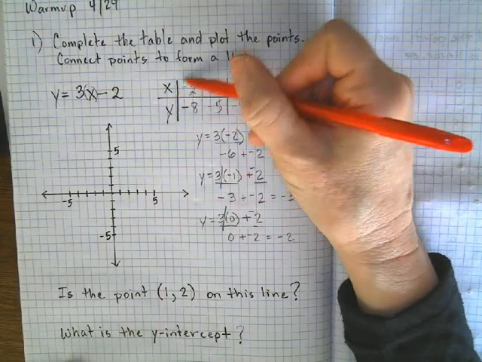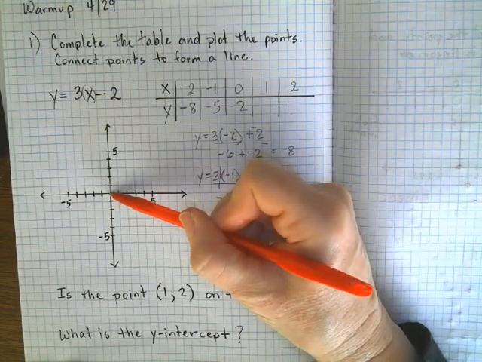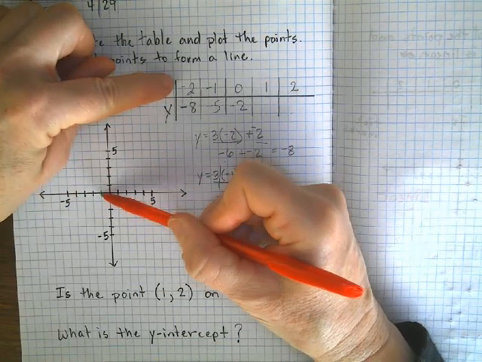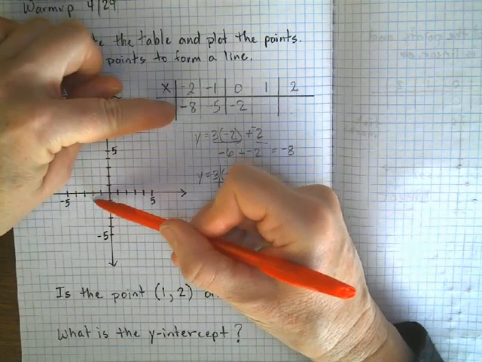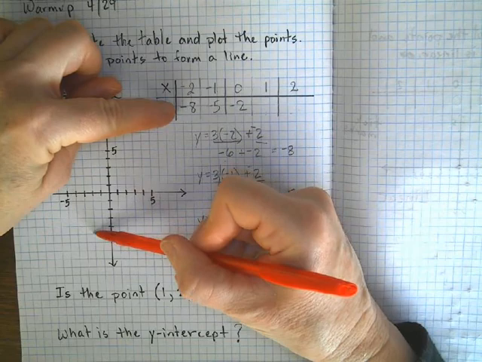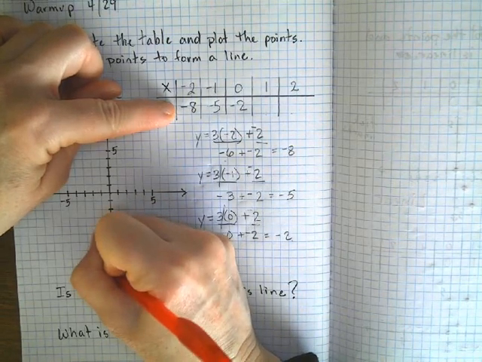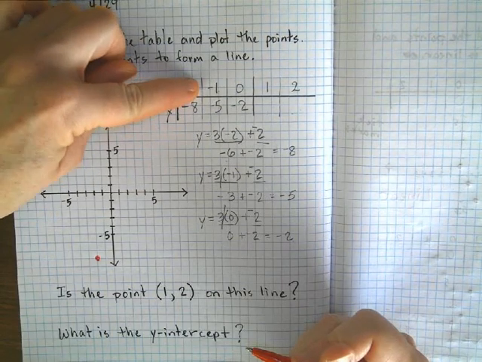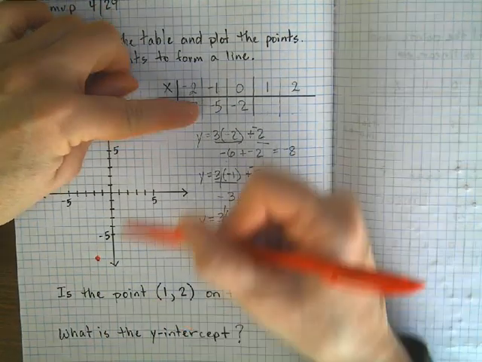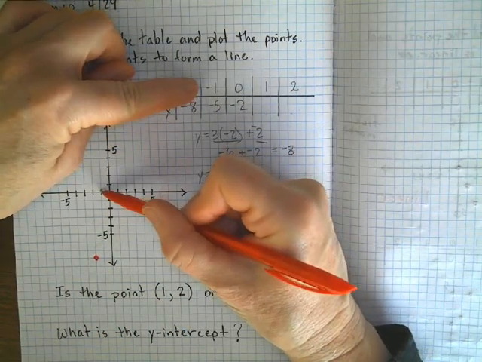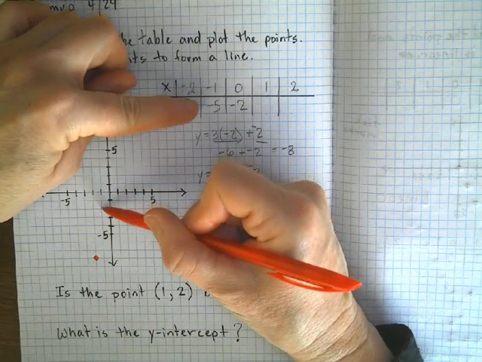-2, -8. So I start at 0, 2 to the left, and then down 8. 1, 2, 3, 4, 5, 6, 7, 8. It's right there. Next point, -1, -5. So 1 to the left and down 5. 1, 2, 3, 4, 5.